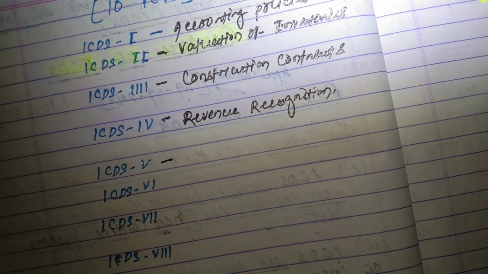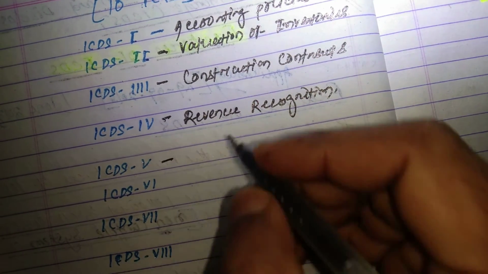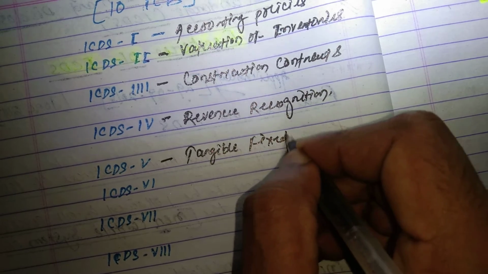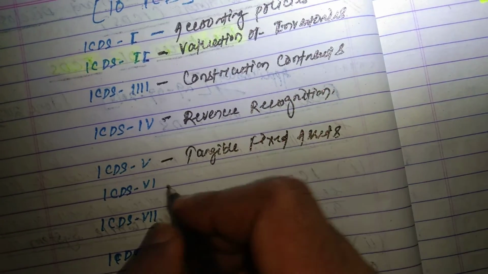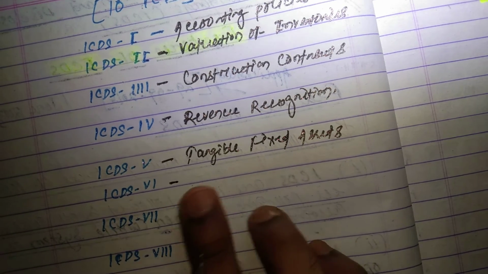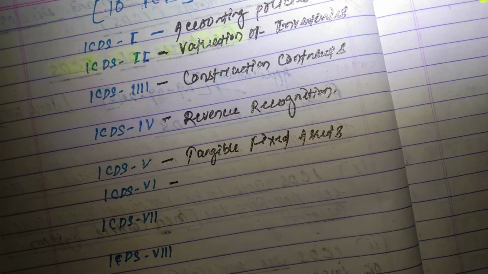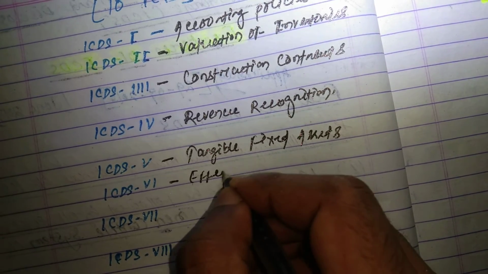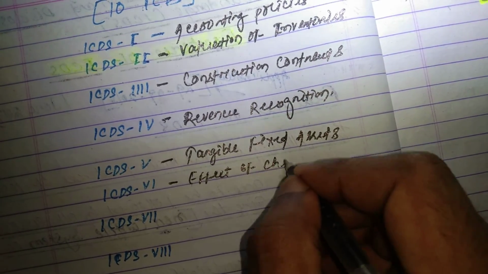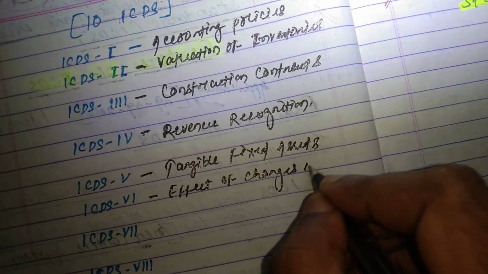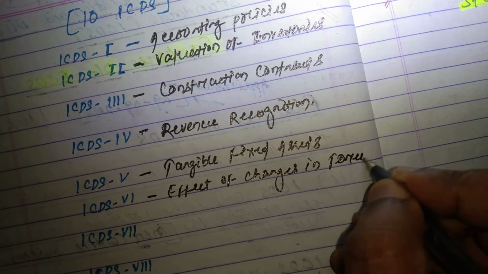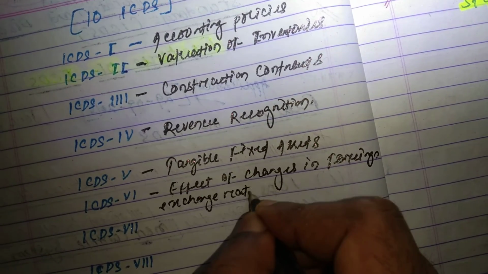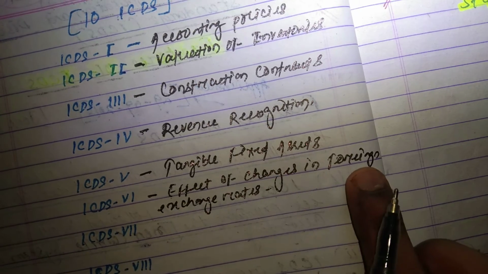Then ICDS V belongs to tangible fixed assets. Then ICDS VI belongs to effect of changes in foreign exchange rates.